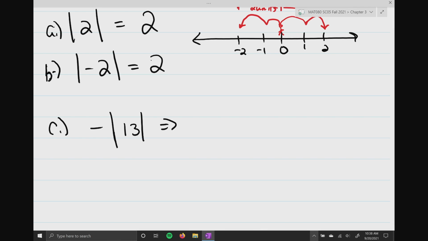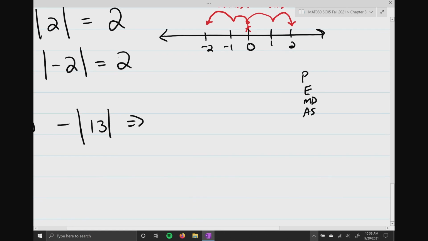Now, earlier I made the comment, absolute value gets the symbols of these vertical bars, and we think of the absolute value as grouping symbols. And what I mean by that is when you use your order of operations, you know we always do parentheses first.